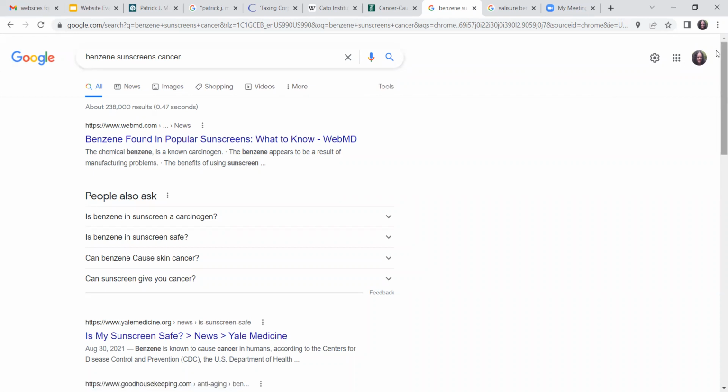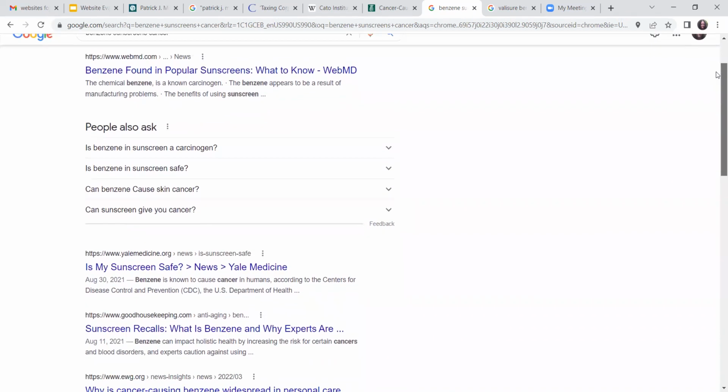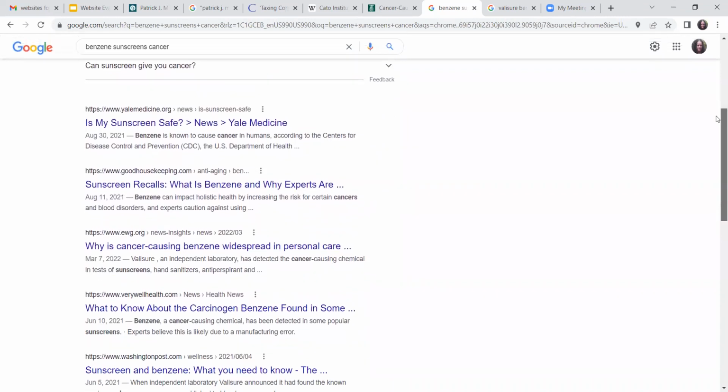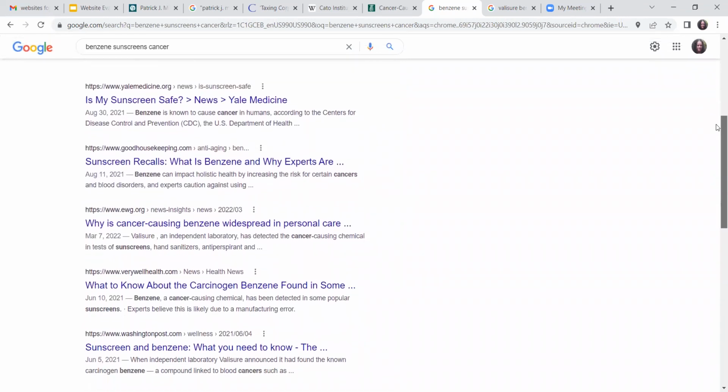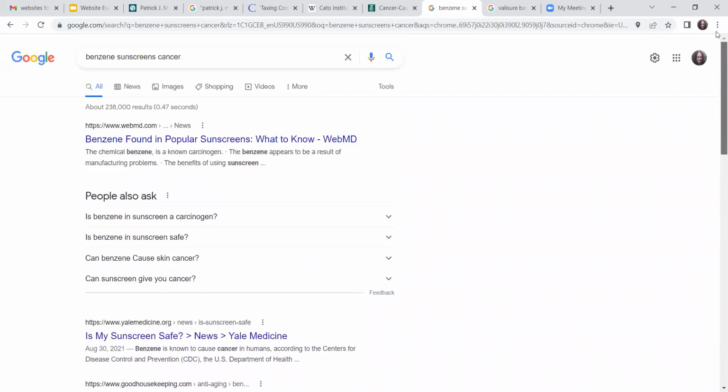And then I find a lot of websites that appear to be kind of covering the same news item. So here's one from WebMD. Here's one from Yale University. Here's one from Good Housekeeping, the magazine, and so on. So it looks like there's kind of an agreement across the web that this is a concern.